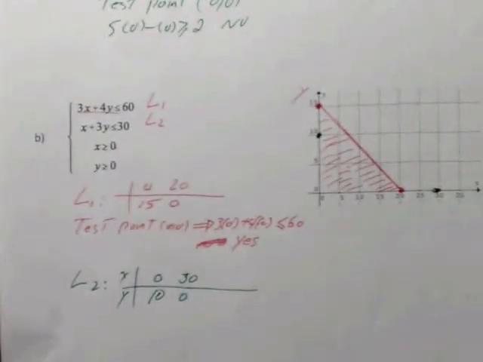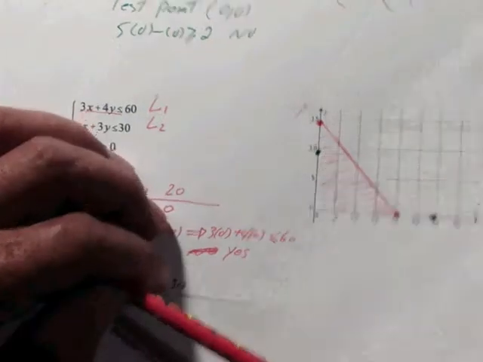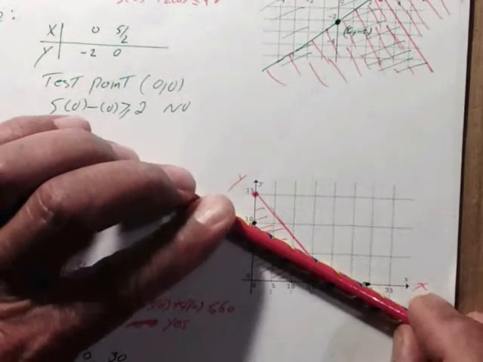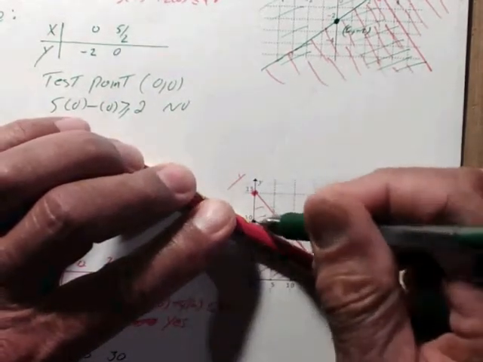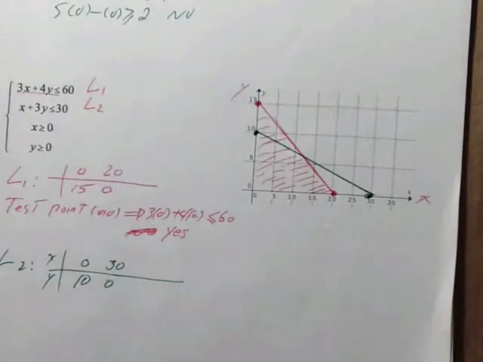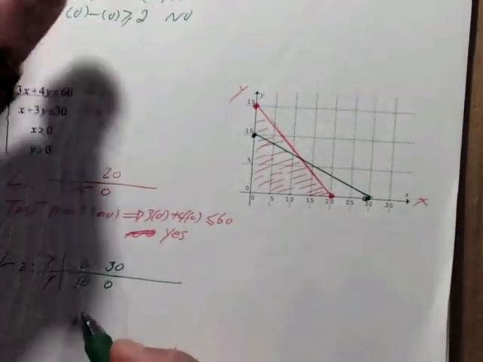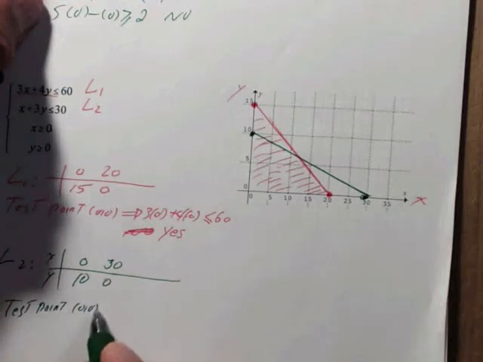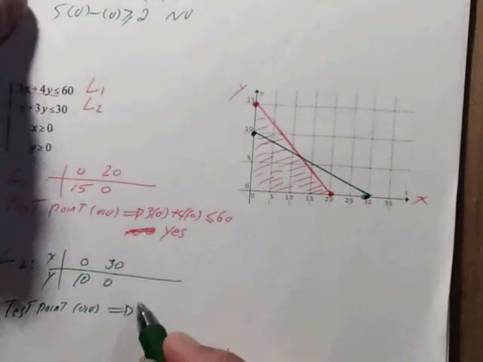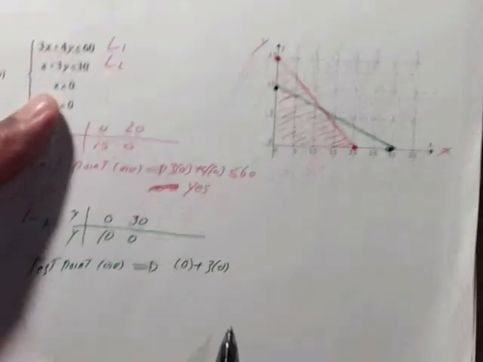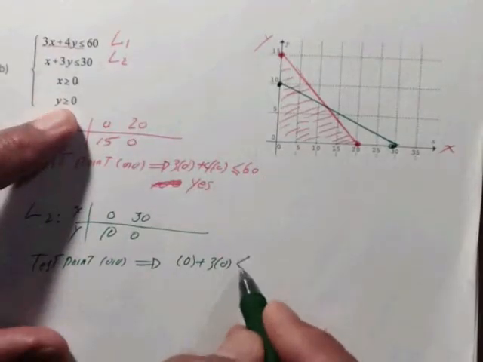If we connect those two points like that, and then there's a test point, (0, 0) gives 0 plus 3 times 0 less than or equal to 30.